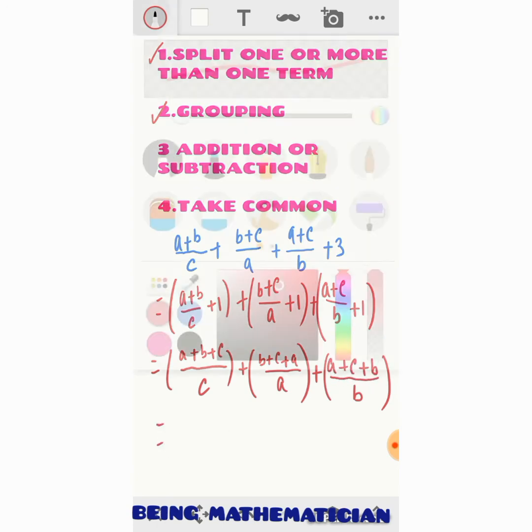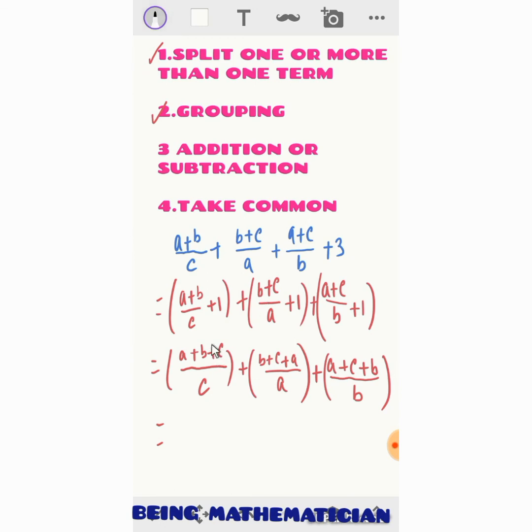So we clearly observe that a plus b plus c, these three terms are common in the expressions. So number 4 is take common. We take common a plus b plus c from the expressions. We get 1 by c plus 1 by a plus 1 by b.